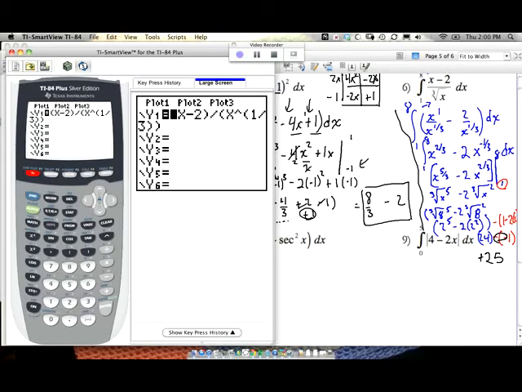We're going to split this up into two terms. So it's going to be x to the 2/3, minus 2 times x to the negative 1/3.